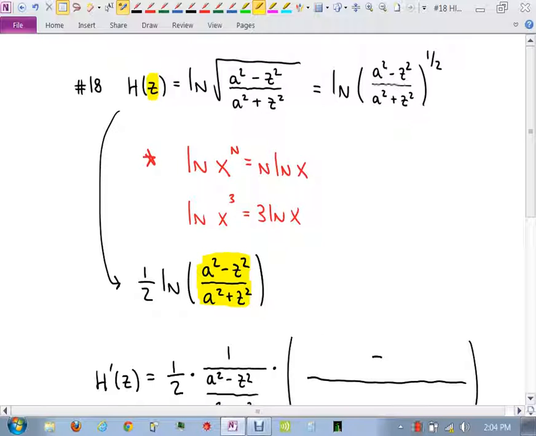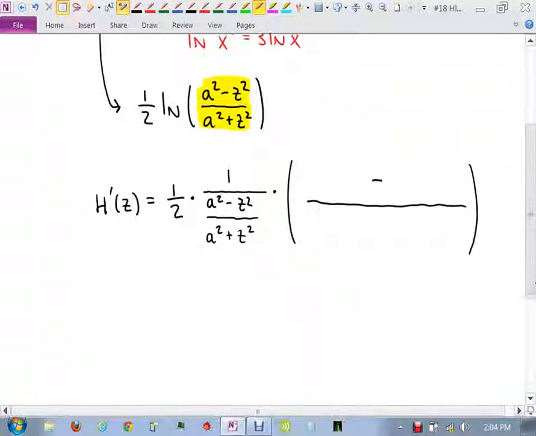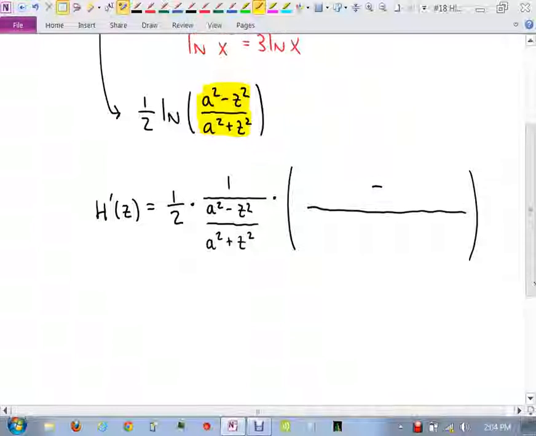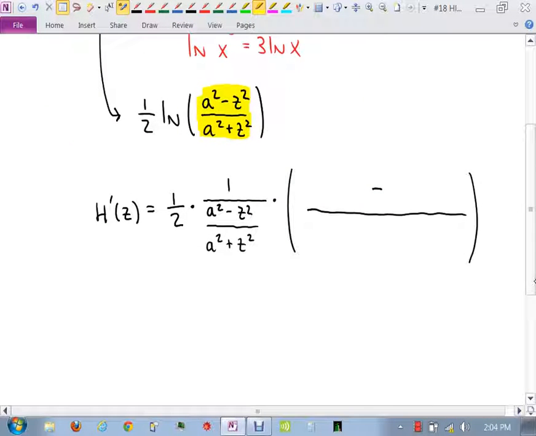And I told you previously that we usually treat a, b, c, and d like constants. Okay, so the derivative of a squared is 0, minus what's the derivative of z squared with respect to z? Just 2z, right? So I'm going to get a minus 2z. That's the derivative of the top, right?